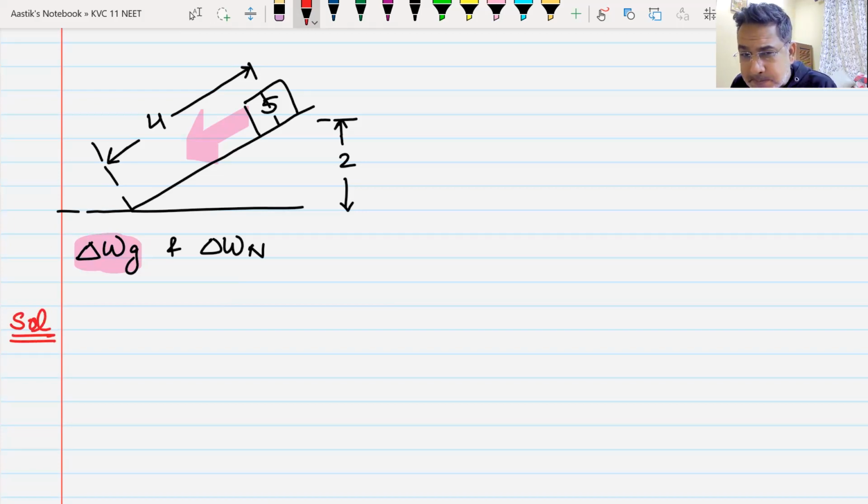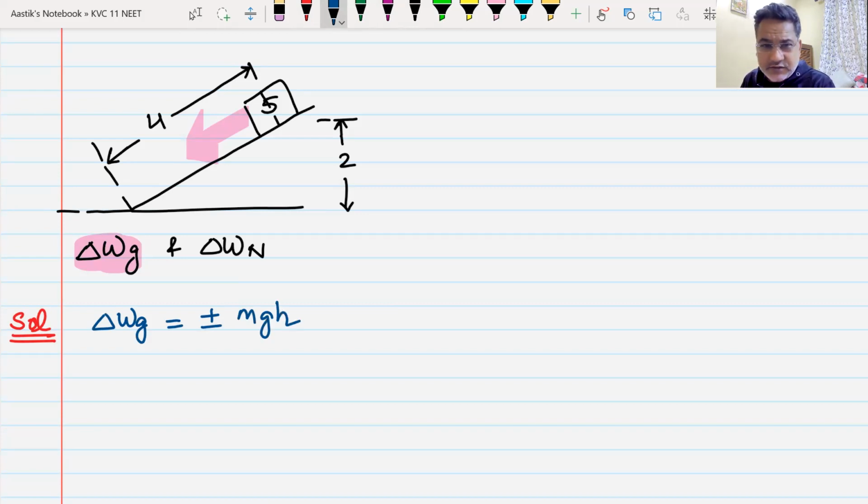Yes? 0 joules, sir. That is wrong, beta. So, I have to find out the work done by gravity. How will I find the work done by gravity, beta? What did I tell you? mgh. Work done by gravity will be equal to plus or minus m into g into h.